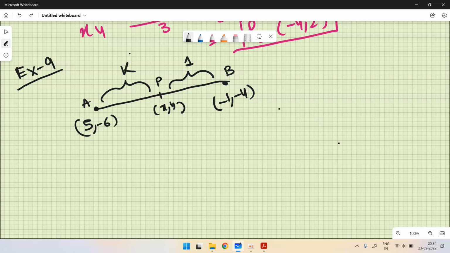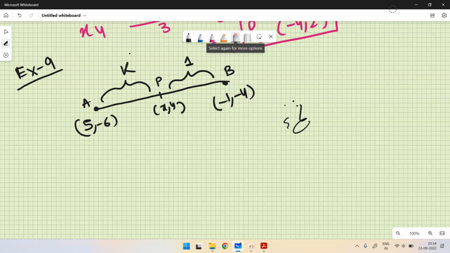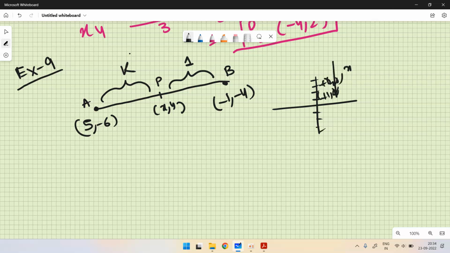For any point on the y-axis, maybe plus 1, 0 or plus 2, 0, the x coordinate will always be 0. So from here you can see that this point is nothing but (0, y).